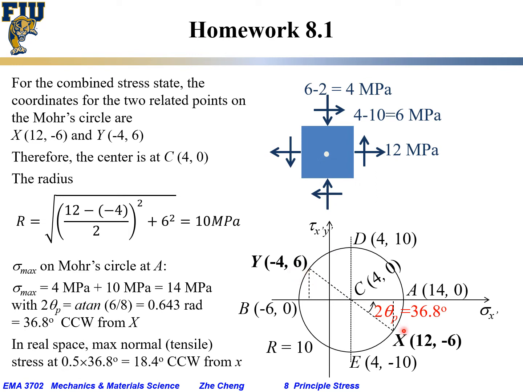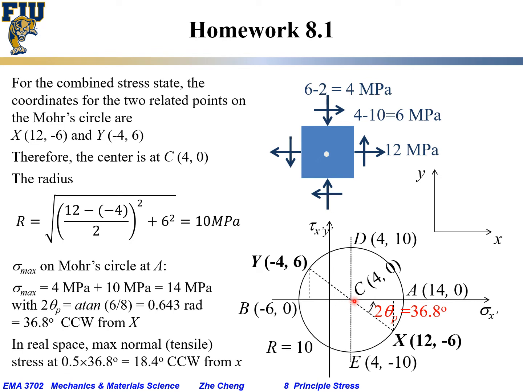When you connect them, you should go through the center, and the center should be on the horizontal axis. So where is the center? This is 12, this is -4. The average would be 12 plus -4 is 8, divided by 2. The average would be 4 comma, and the vertical of course would be 0.